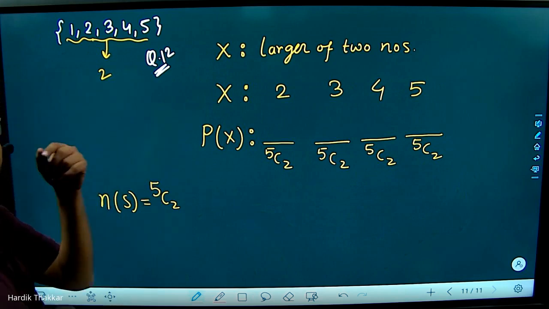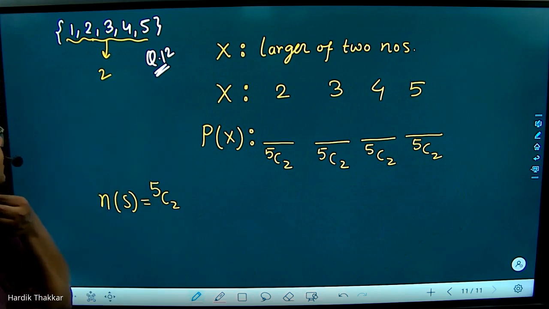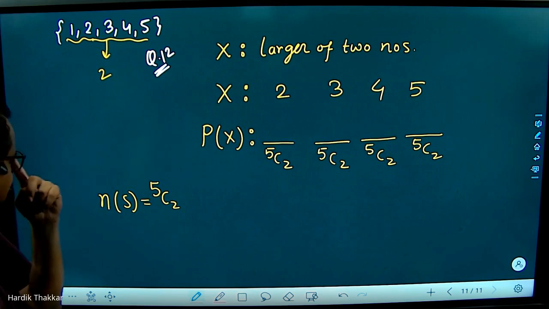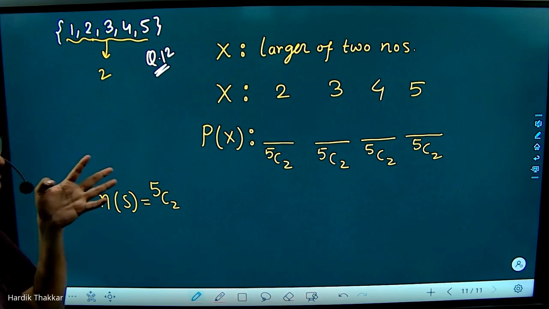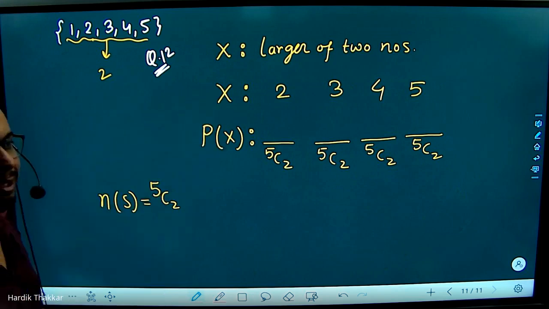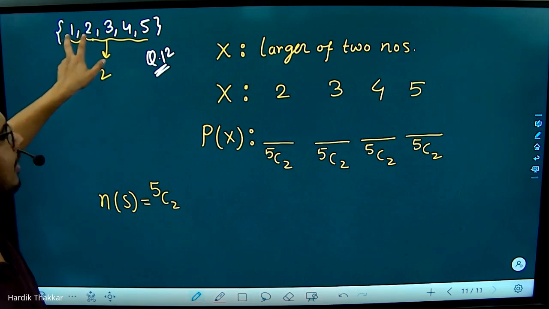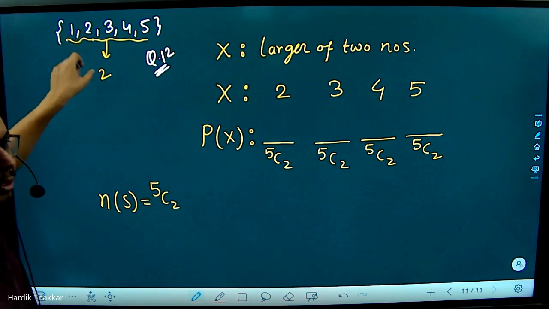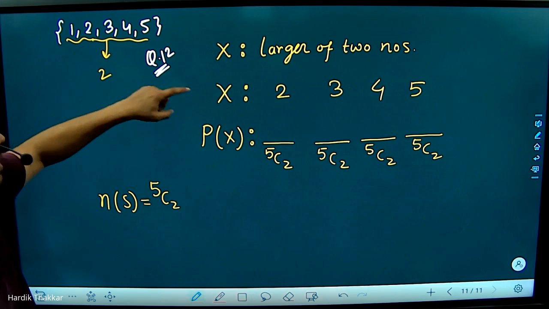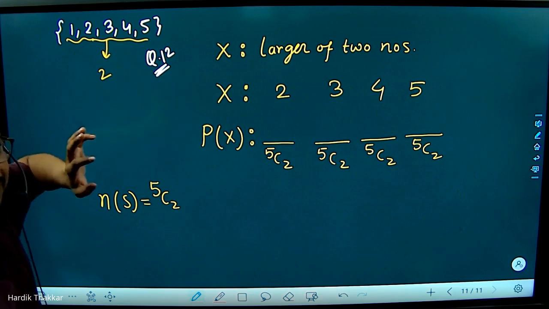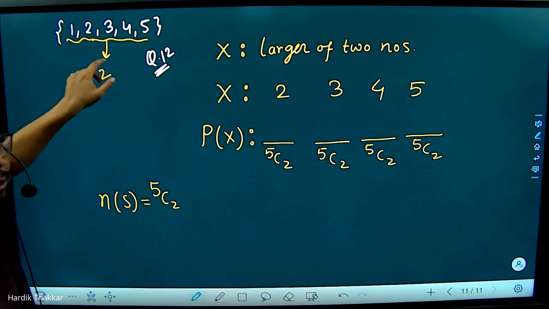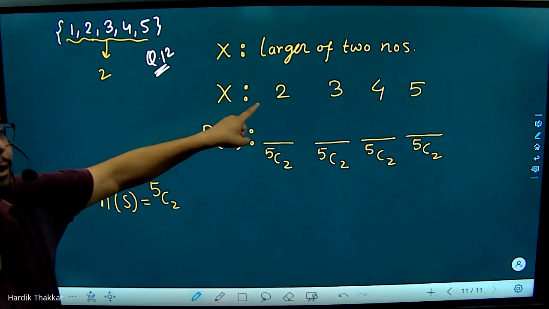Now, for getting 2 as the larger one, what are the possibilities of getting 2 as the larger one? I think it is better to calculate manually. When we will get 2 as the larger one, either we will get 1 or 2. If we are selecting 1 and 2, this combination, then only we will get 2 as the larger number.